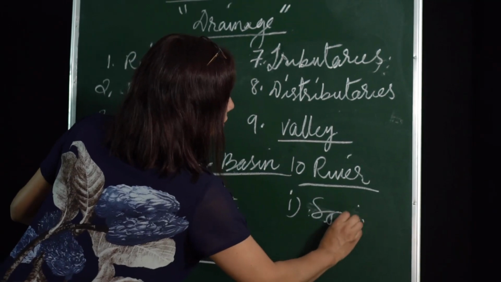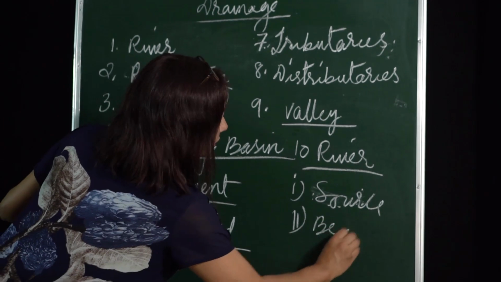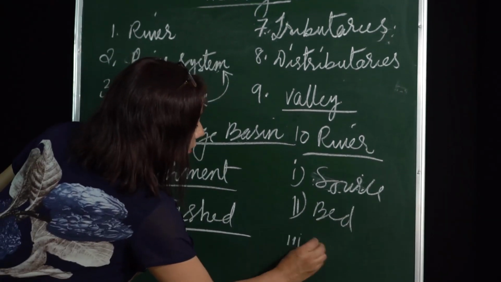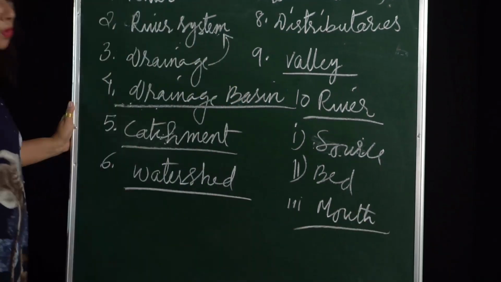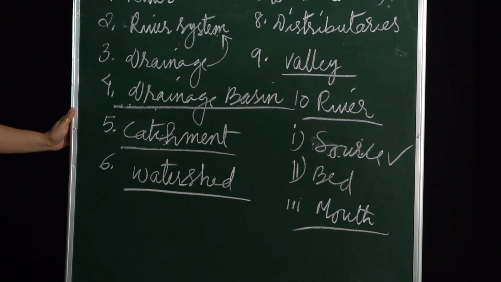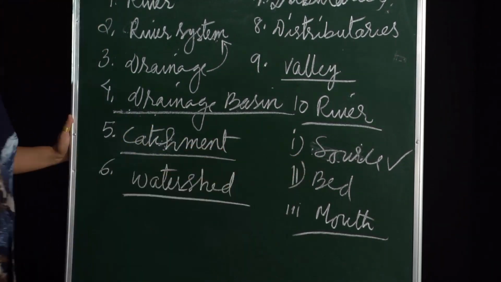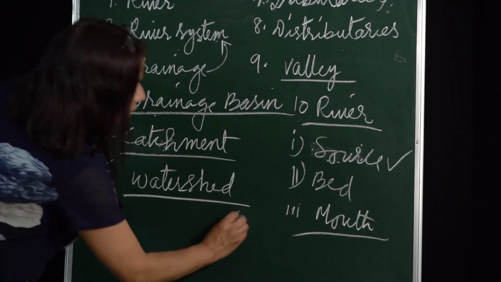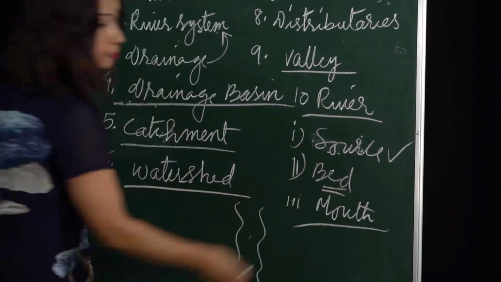First is source, second is bed, and third is mouth. Source is the place, the beginning of the river is called the source. The place from where a river starts is called its source. And the channel of the long course is called the bed of the river.